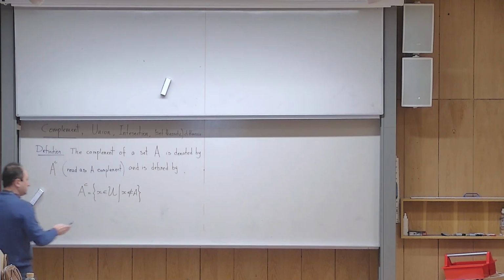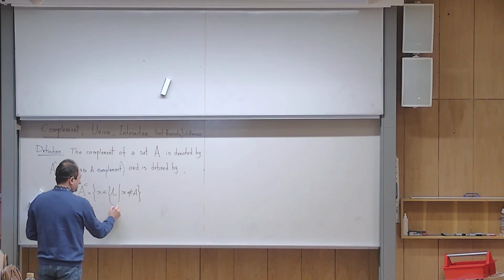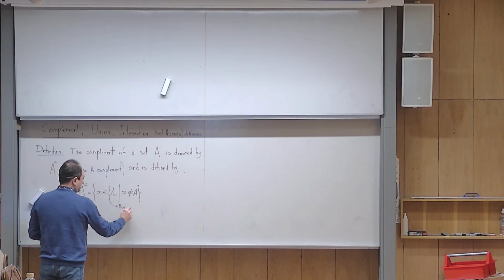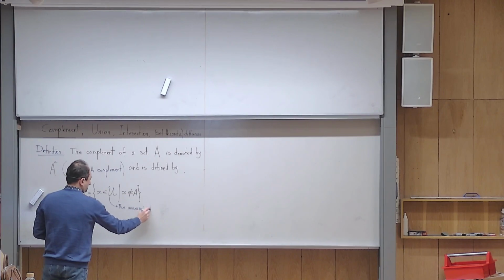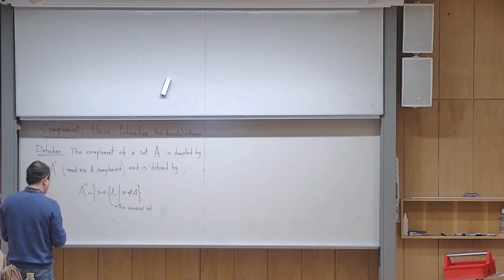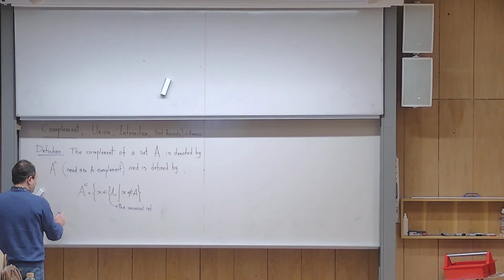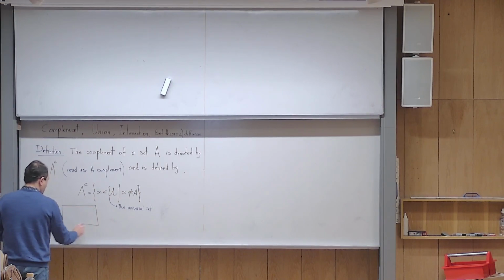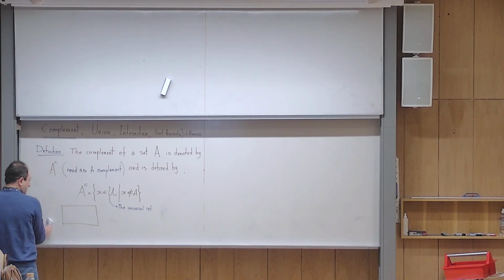So this is the universal set. That's the definition. Whatever is not in A is in A complement. That's the meaning of A complement. If I want to draw a Venn diagram for you, let us assume that this rectangle represents the universal set.